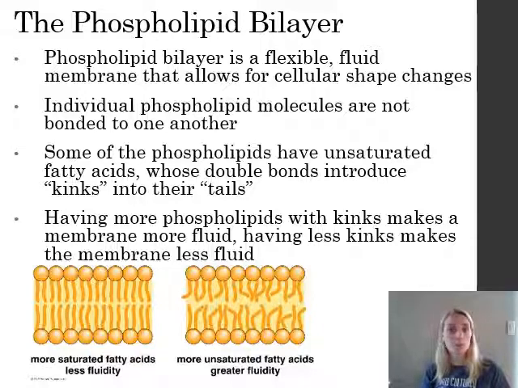Now, if you remember when we were looking at lipids back in chapter 3, we had different kinds of lipids, fats versus oils, right? One of the characteristics of a fat is that those fatty acid tails were all saturated with hydrogen, so there were no double bonds. There's this big, long hydrocarbon chain, and they were very linear, right?